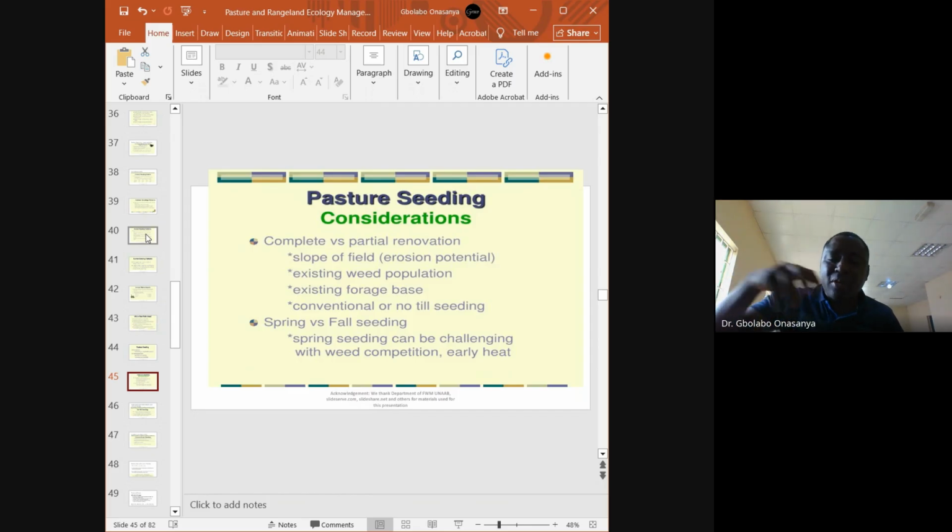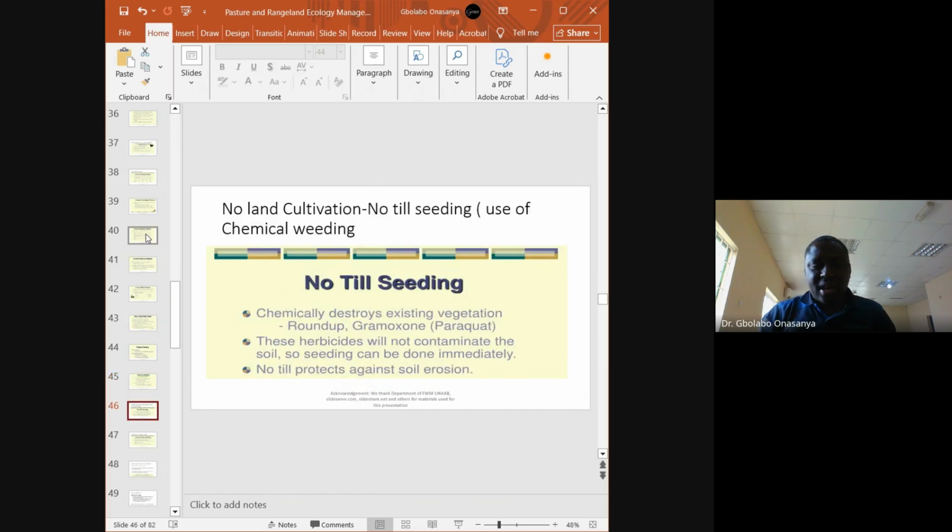So the impact of grazing will determine whether we will do complete renovation or partial renovation. Am I speaking sense?